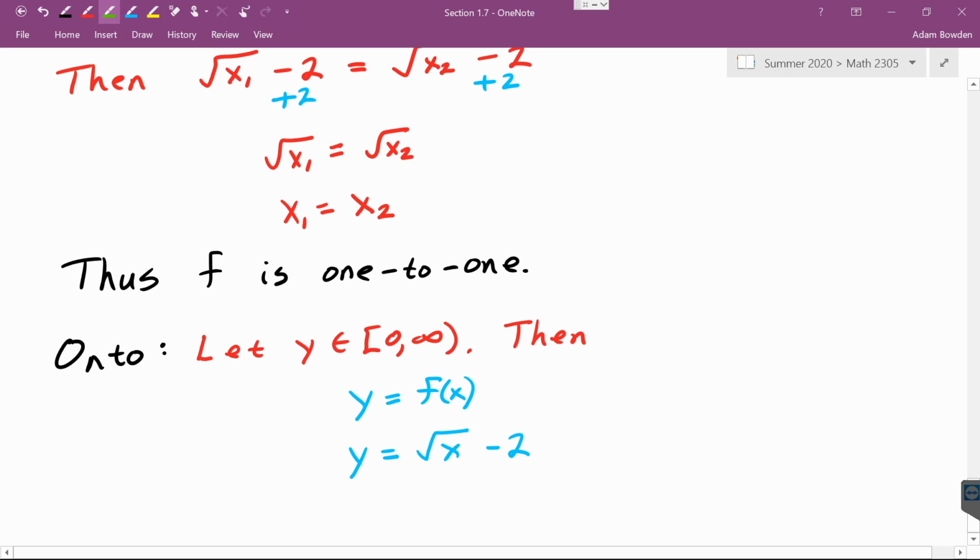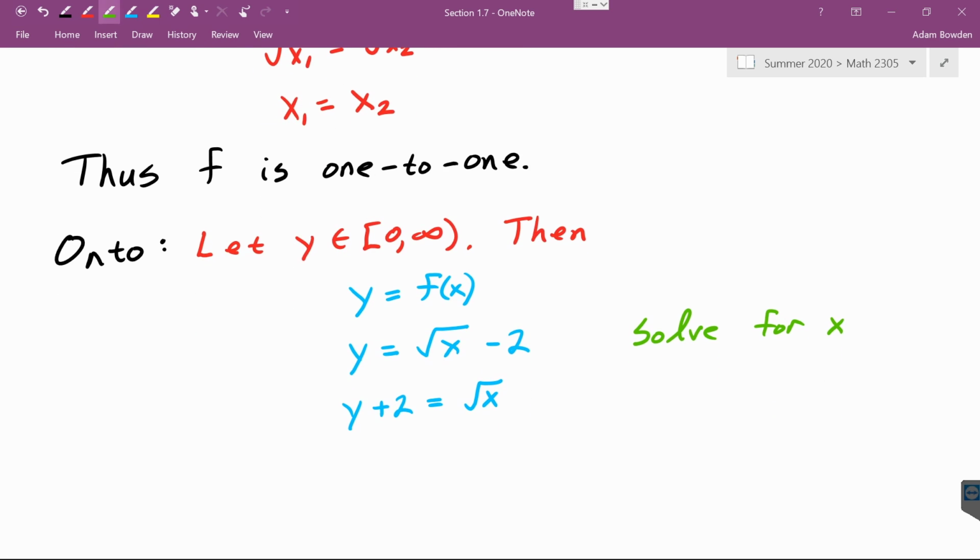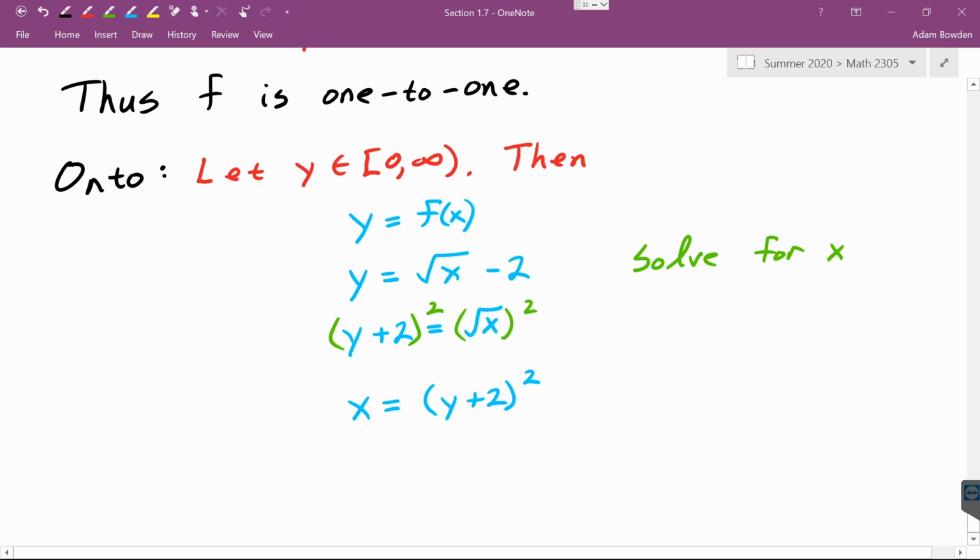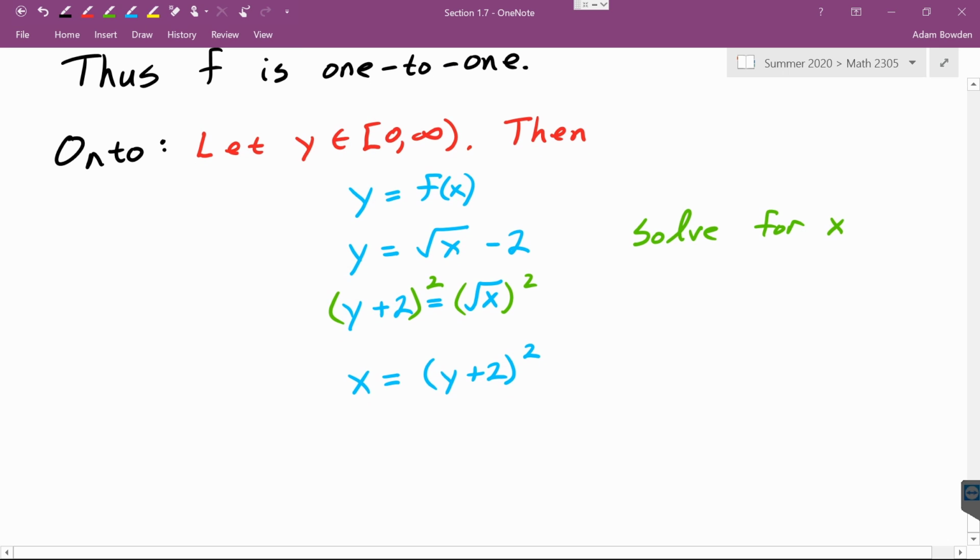And I'll go ahead and solve for x. So if I add the 2 over, we'd have y plus 2 equals the square root of x. And then if I square both sides, we'll say x is equal to (y plus 2) squared. So since I can solve for x here within this interval, we know that it's going to be onto the interval from 0 to infinity.